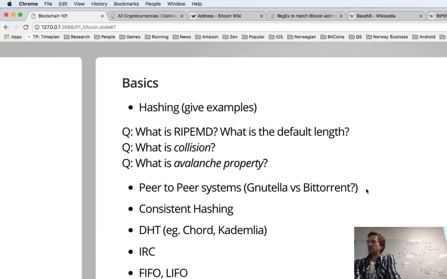So how many of you know Bittorrent? Yeah, you use it? How Bittorrent works? Do you know Gnutella?